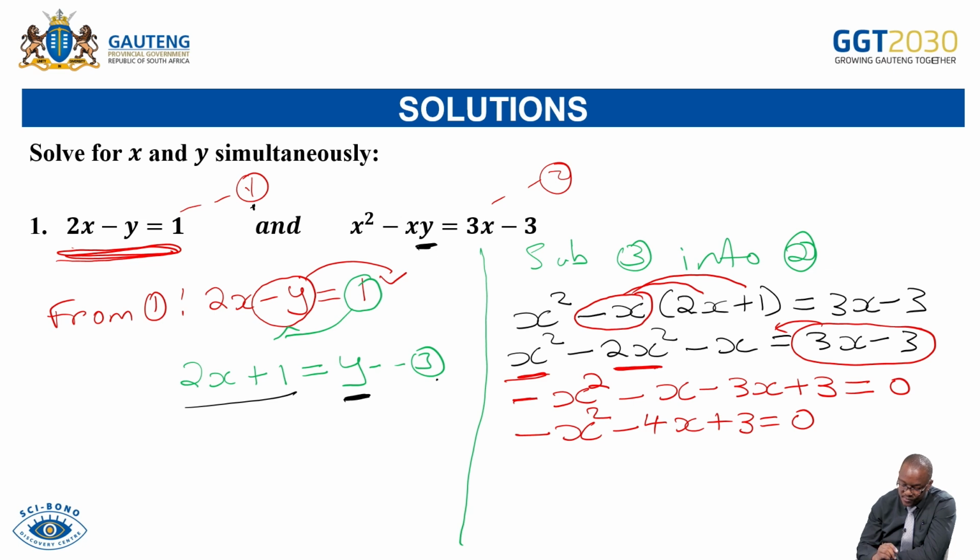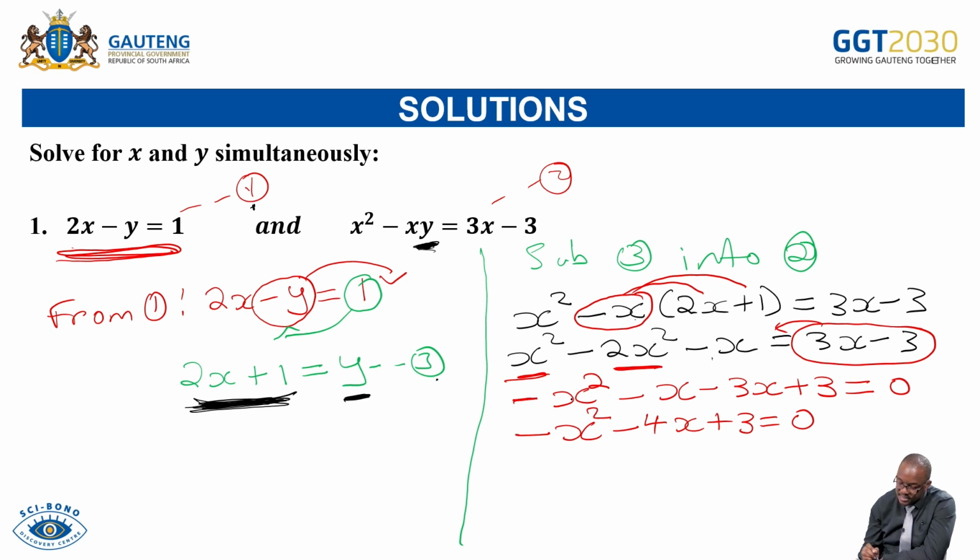So remember, here we got the first equation there. We substituted it there by equation 2. Then we multiplied by, remember, negative x multiplied by 2x is negative 2x, and negative x multiplied by 1 is negative x.